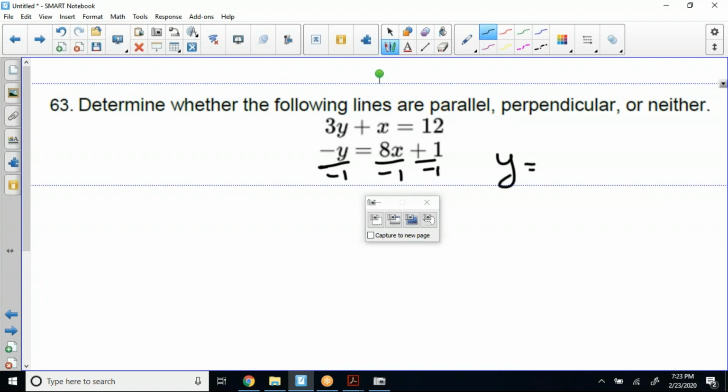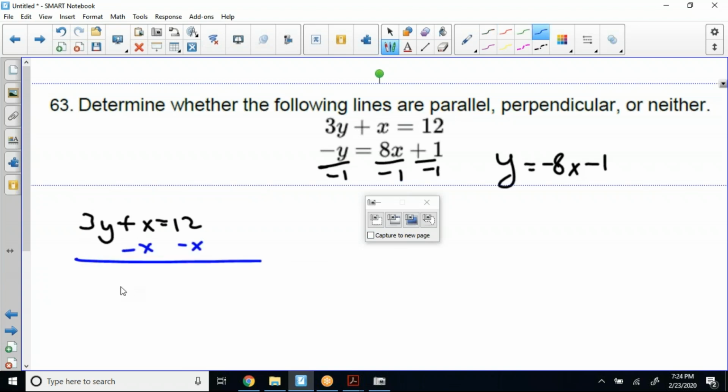So that would give me y equals negative 8x minus 1. And then the other one here, I'd have to put in slope-intercept form, which I would have to move my x over, get 3y equals negative x plus 12, and then divide each side by 3. So I'd have y equals negative 1/3 x plus 4, right?